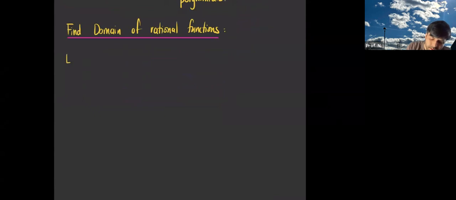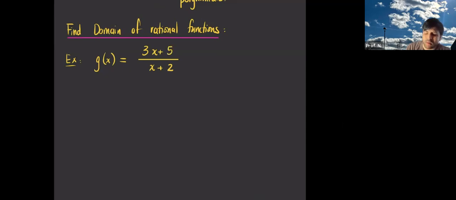Okay, so an example, let's say I have a function g of x. This is our function notation, g of x, and the numerator is 3x plus 5, and the denominator is x plus 2. What do you notice?